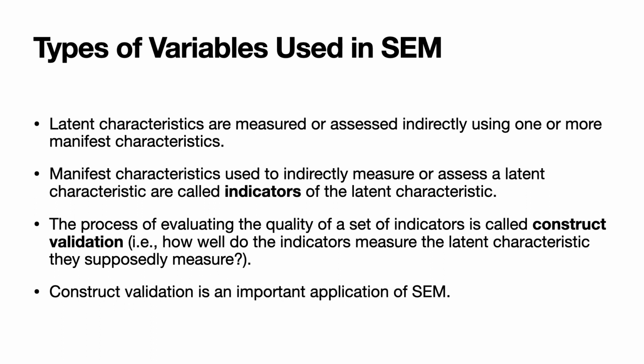The process of evaluating the quality of a set of indicators is called construct validation, which addresses the question: how well do the indicators measure the latent characteristic they supposedly measure? SEM is important in the process of construct validation.